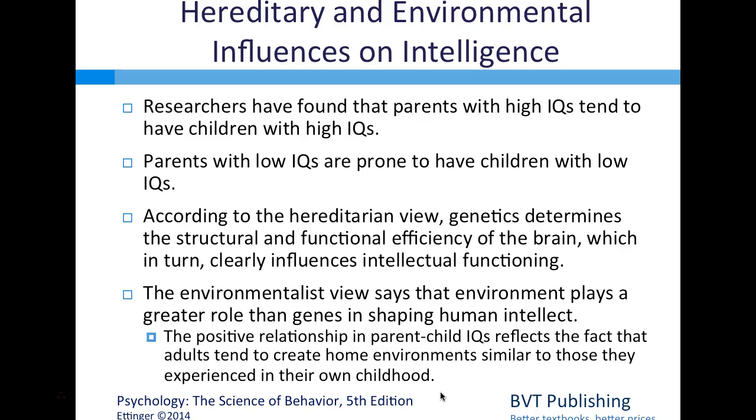According to the hereditarian view, genetics determines the structural and functional efficiency of the brain, which in turn clearly influences intellectual functioning. On the flip side, the environmentalist view says that the environment plays a greater role than genes in shaping human intellect. So the positive relationship in parent-child IQs reflects the fact that adults tend to create home environments similar to those they experienced in their own childhood.